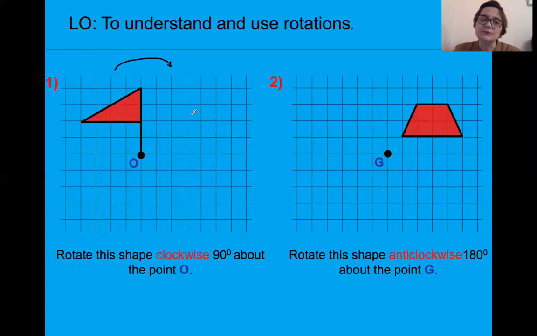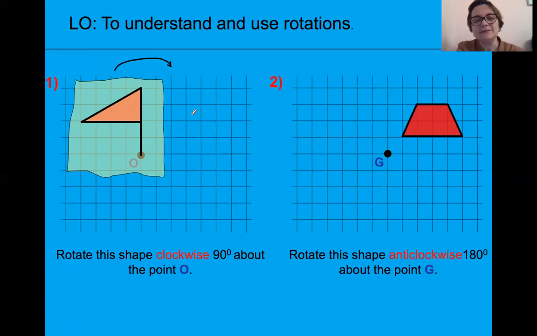To do this question, you need to have a tracing paper, just like this one here. What you do is take a tracing paper and place it on top of the 2D shape, which in this case is the triangle.